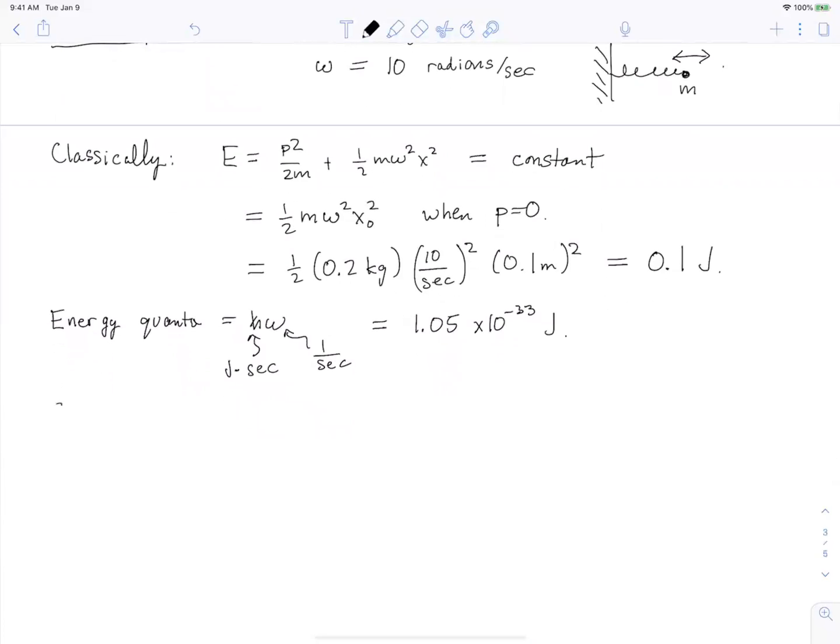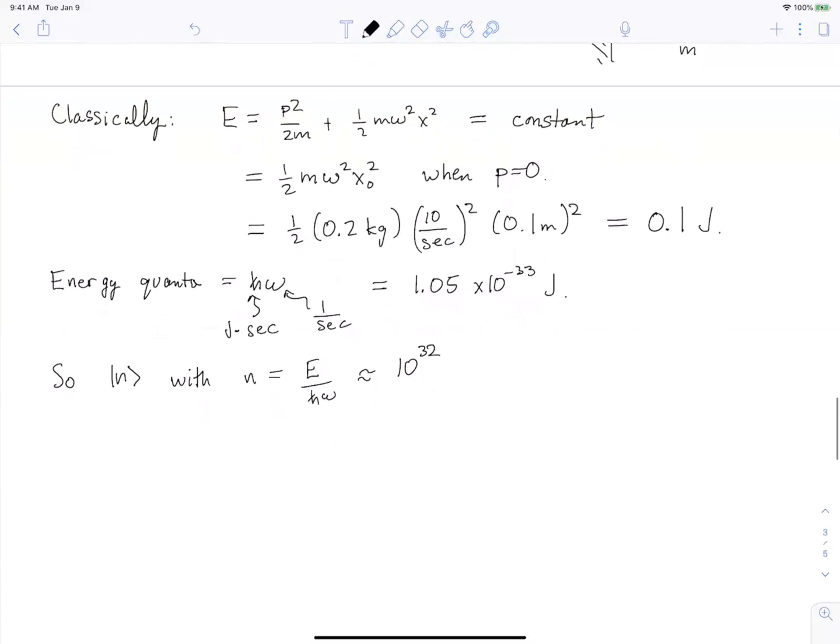If we were going to choose a quantum state to represent it, it would be the state n, with n being an extremely large integer, namely E over h bar omega, which is approximately 10 to the 32. That would be the large integer that would seem to describe this classical state. So this is a quantum mechanical state with the same energy.